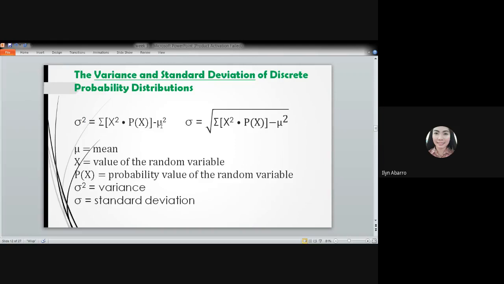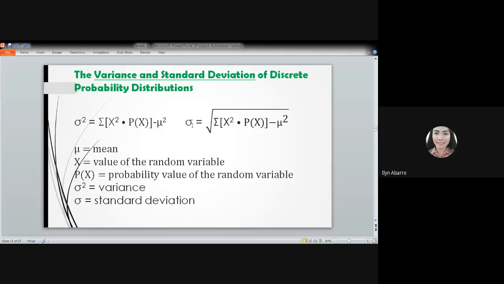And our formula for the standard deviation is sigma is equal to the square root of the formula of the variance. As you can see, ito yung formula ng variance. So, ibig sabihin, for us to solve for the standard deviation, we will only get the square root of the variance. So, ganun lang yun. So, yan. Diba?